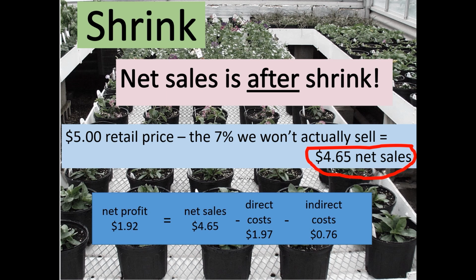We should be keeping within our past production records how many don't sell, how many are shrunk because of growing issues, etc. The longer we're in business keeping good records, we can use more and more realistic numbers to anticipate that shrink. But I would encourage you to plan 5 to 8% in terms of your planning on that first crop that you're growing.